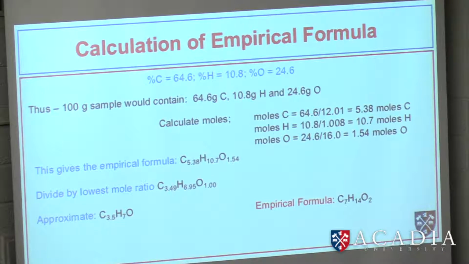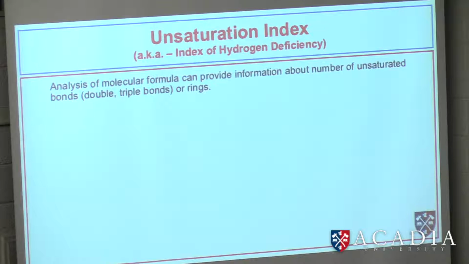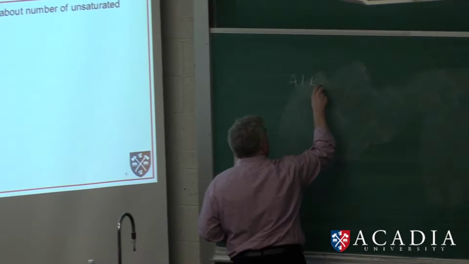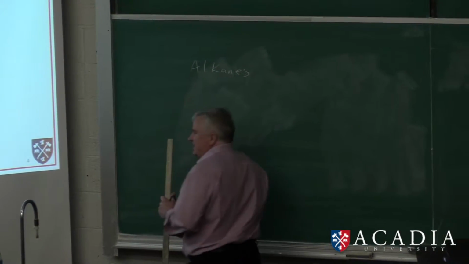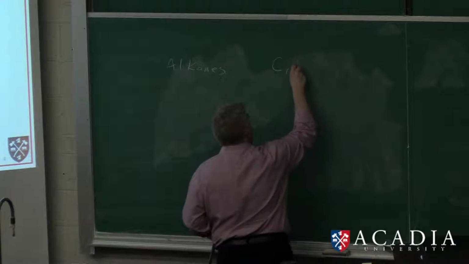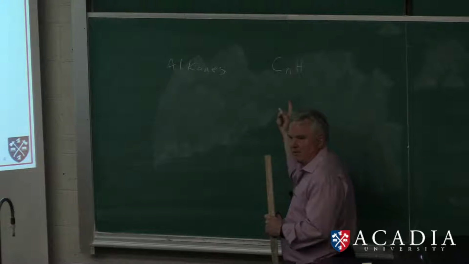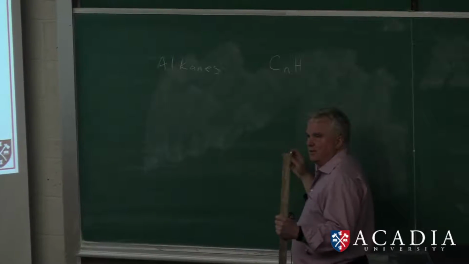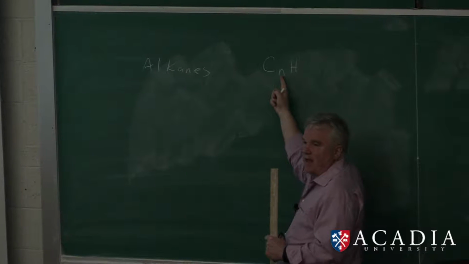One of the things that is important in organic chemistry, hopefully we remember that for hydrocarbons, for alkanes, what's the molecular formula for an alkane? Well, the generic one is CnH. Anybody remember how many H's are in an alkane from last semester? There's some function of n.